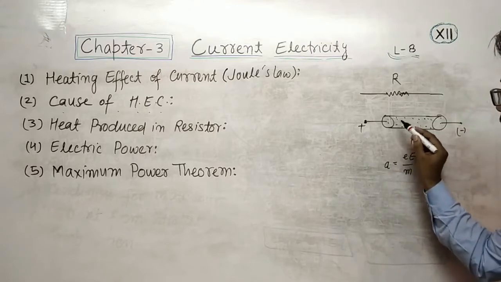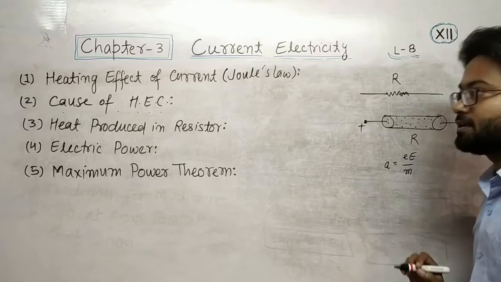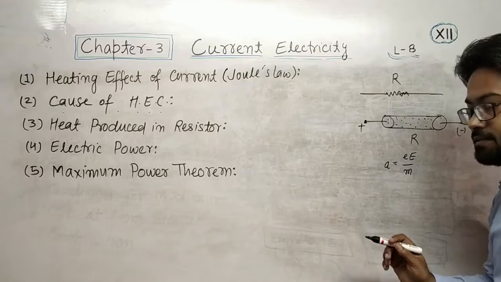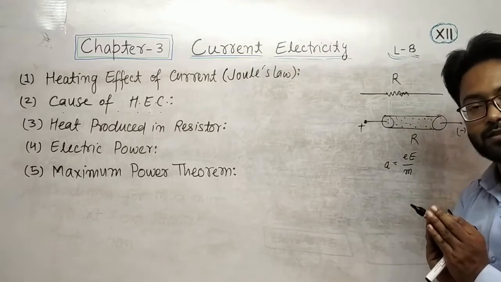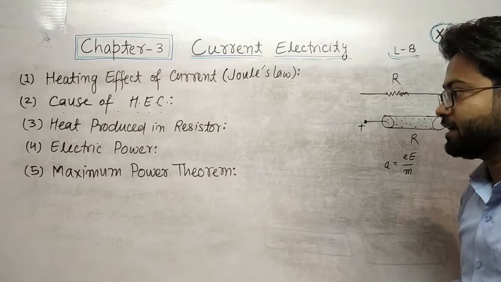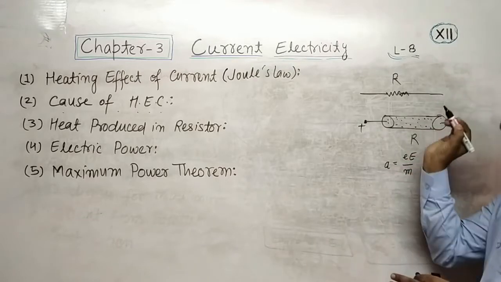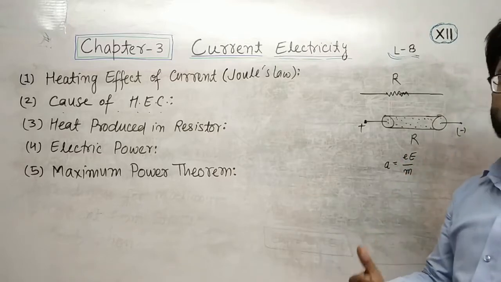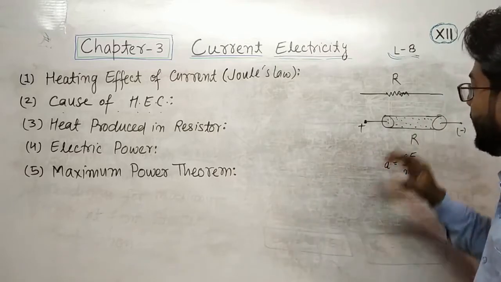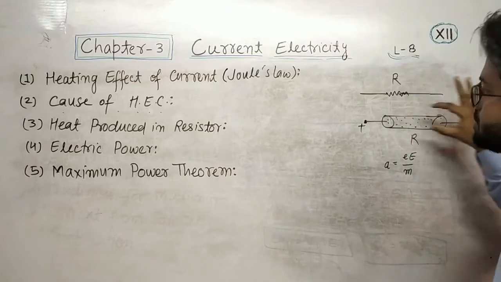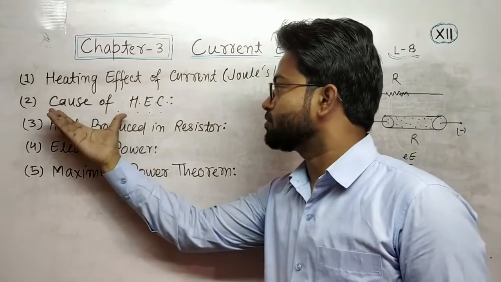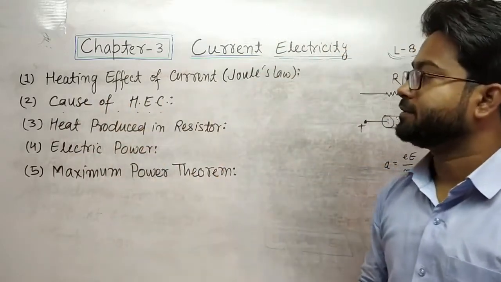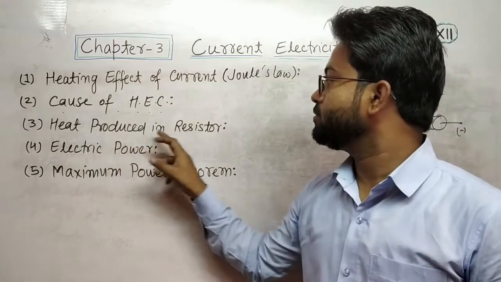The electrons will have some acceleration, and therefore some kinetic energy, and whenever the electron collides with the lattice, the kinetic energy is transferred to the lattice, and that's why the resistor gets heated. That was the cause of the heating effect of current.